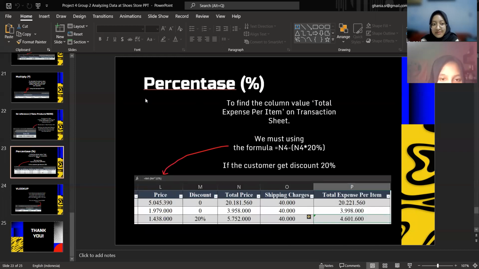Next is percentage. To find the column value total expense per item on the transaction sheet, we must use the formula based on the PowerPoint, if the customer gets a 20% discount.